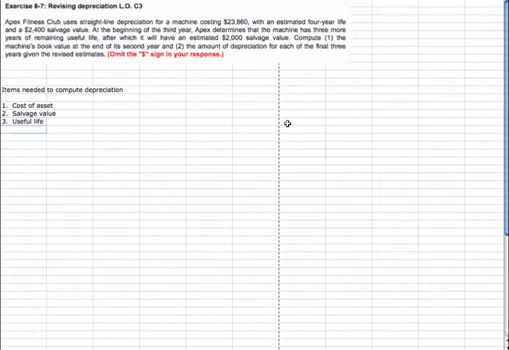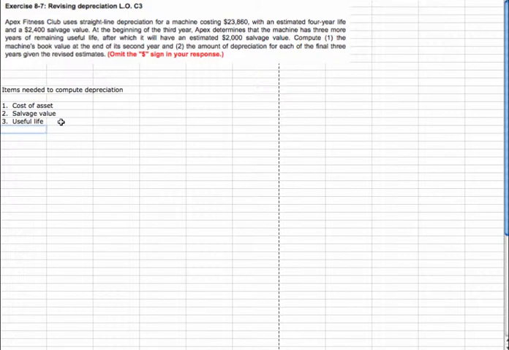Now, of these three items, the only one that we can prove 100% is the cost of the asset. We can produce invoices, canceled checks, or any other information to determine what the cost of the asset actually is. These other two, the salvage value and the useful life, are estimates. And being an estimate, there are times when the estimate may not be correct. So one of the things that we have to keep in mind is that things can change.